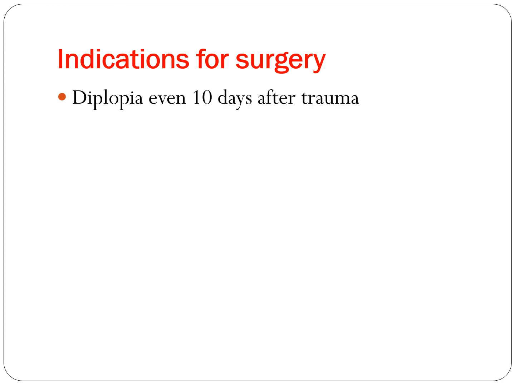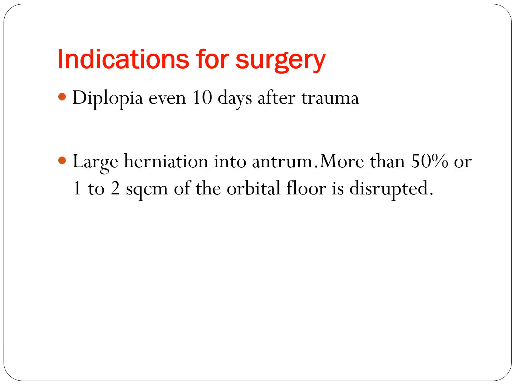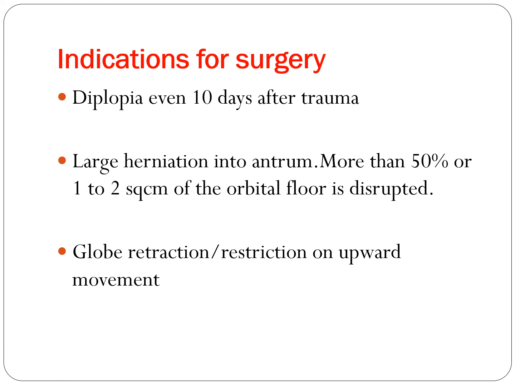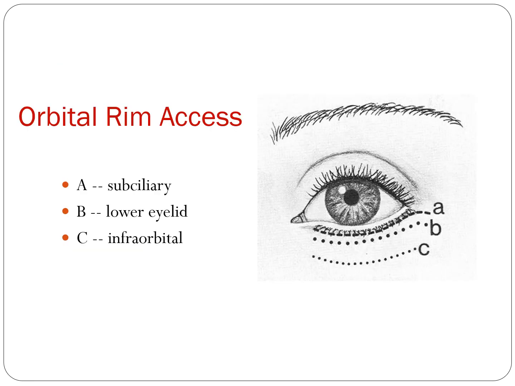The main indications for surgery are diplopia even 14 days after admission, more than 50% of the orbital content herniated, lid retraction or restriction on upward movement, and enophthalmos of more than 3 mm.